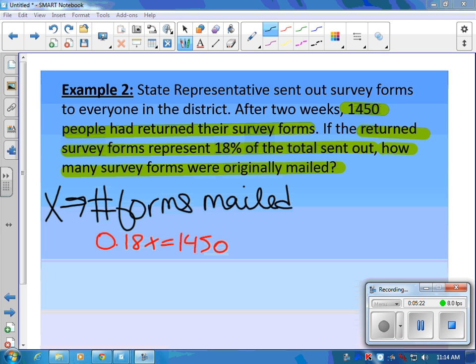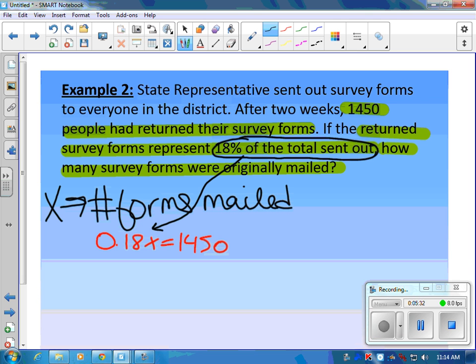Can you tell me the whole phrase? 18% of the total that we sent is 1,450.